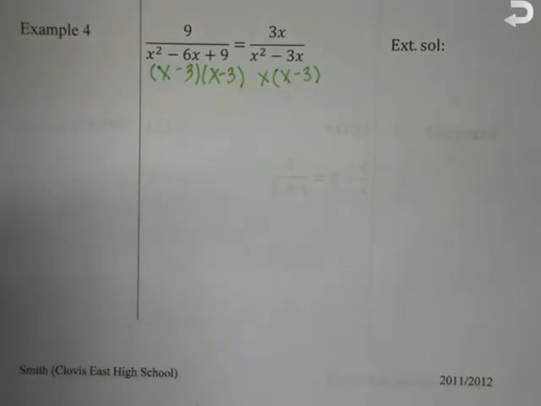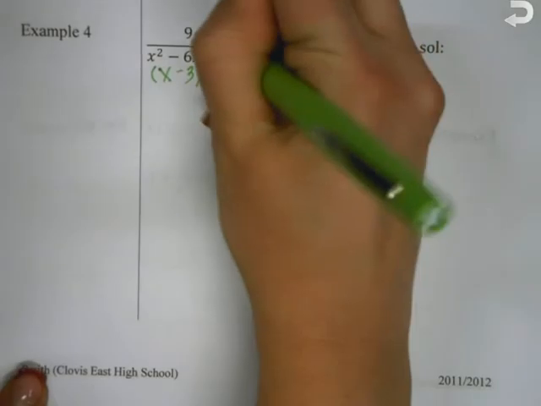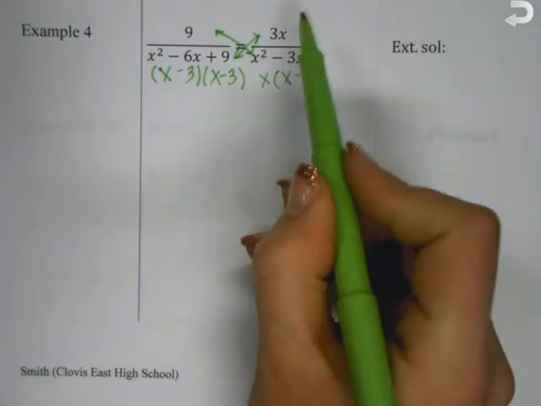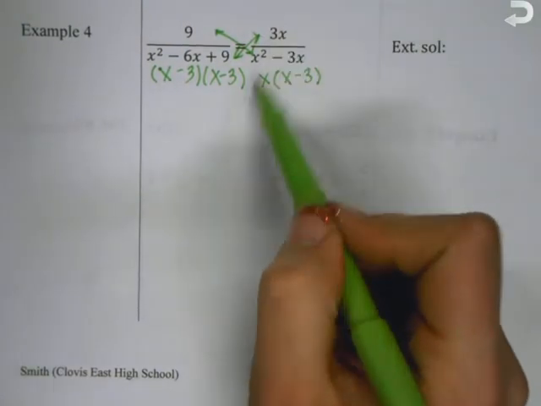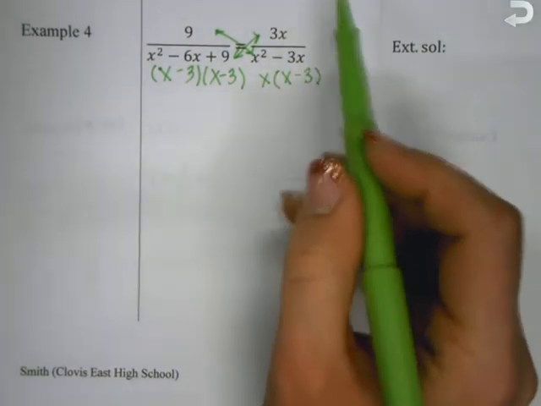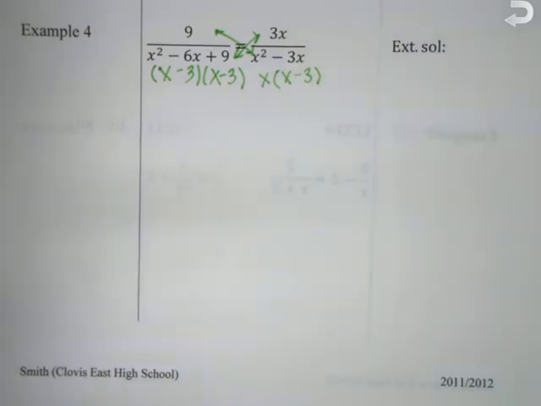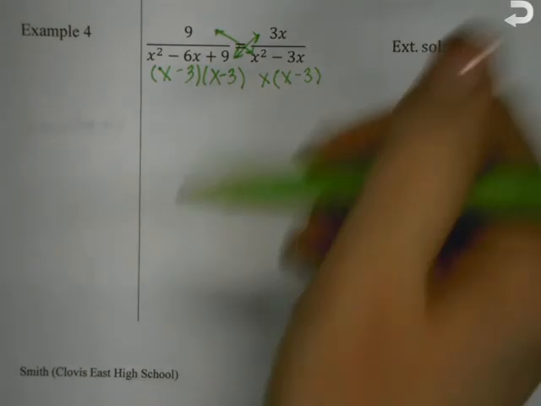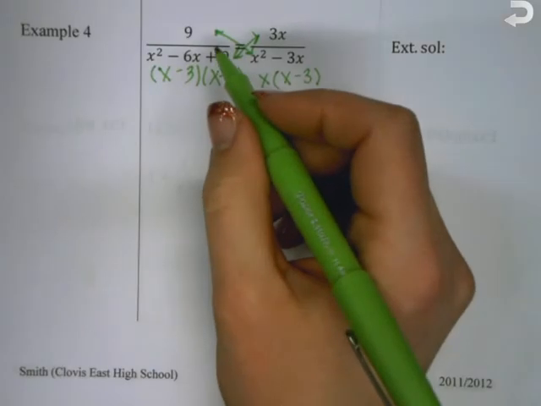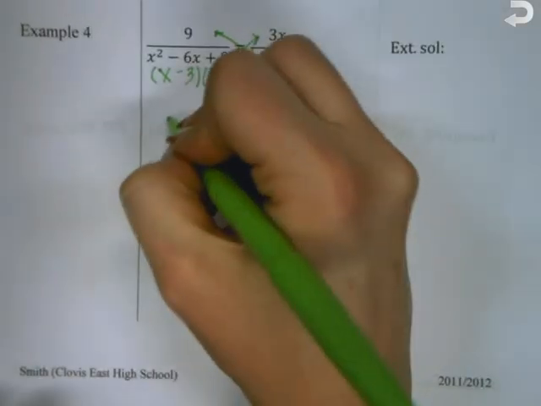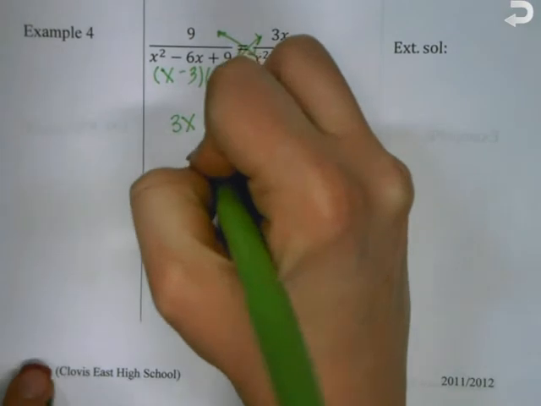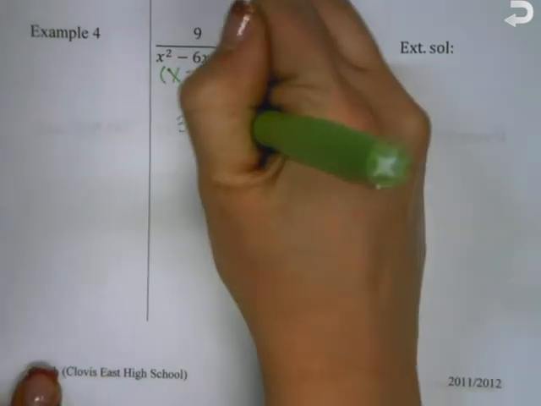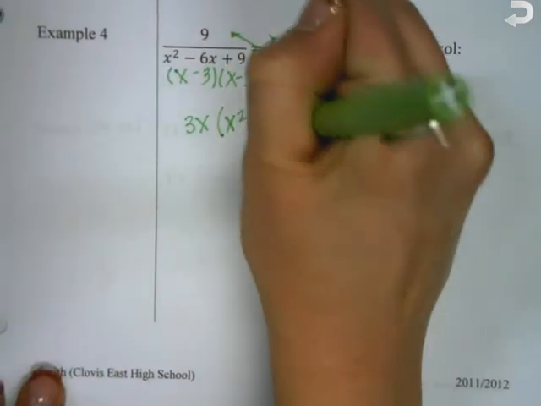So we would get 3x times x squared minus 6x plus 9 equals 9 times x squared minus 3x.